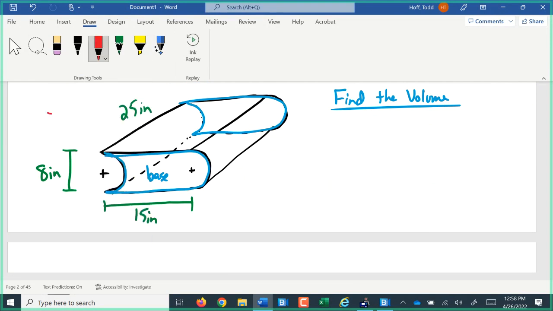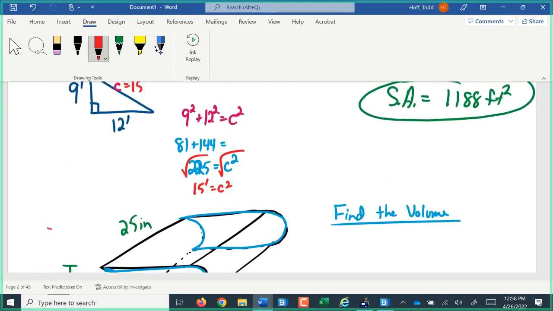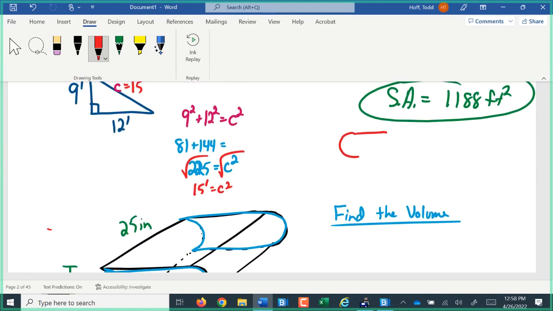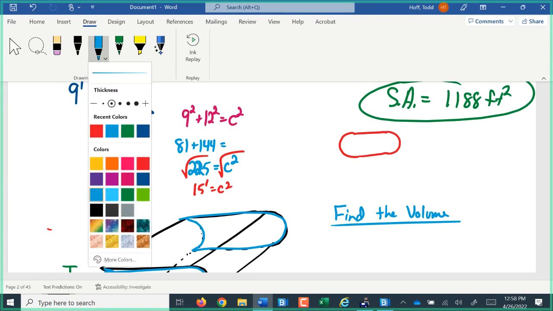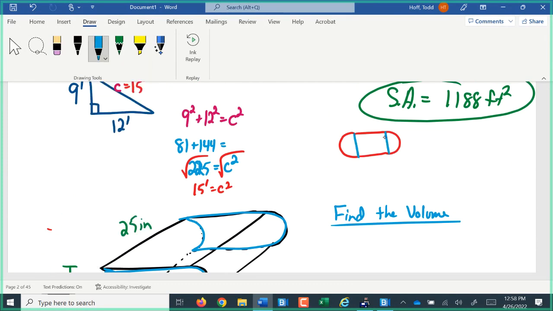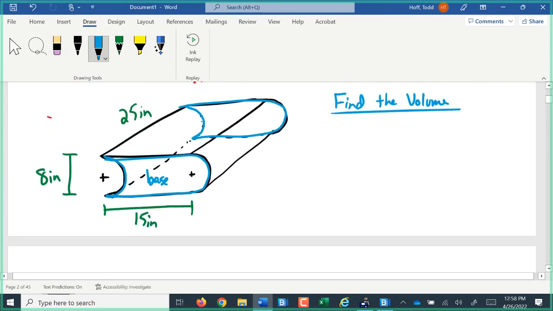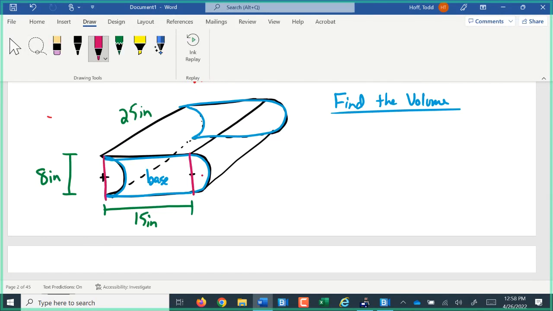We talked about that one shape the other day where not only do we cut it up, but we put it back together. We chop this off, we have a rectangle, then we put these two pieces together to make a full circle. Now it's just a rectangle. I cut this off here and I put that piece over here, I've just got a rectangle. It's 15 by 8.